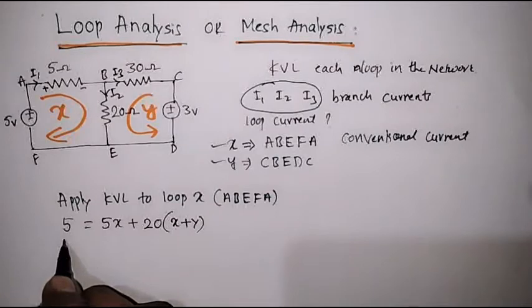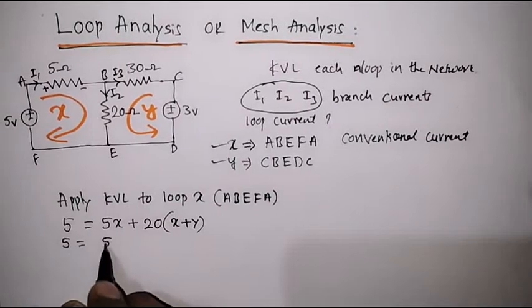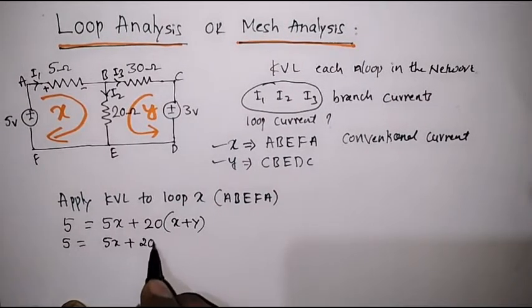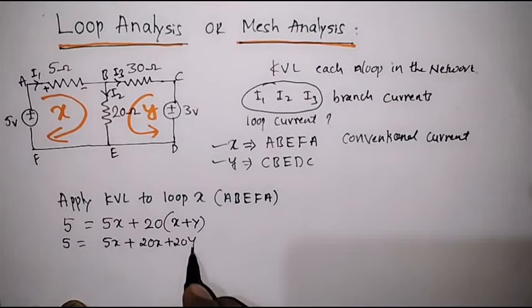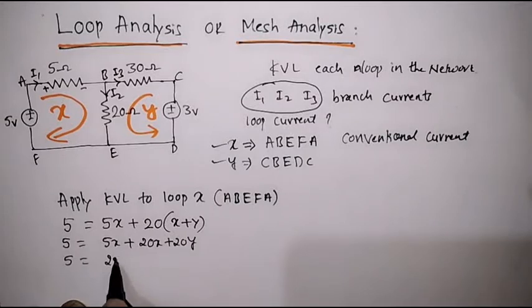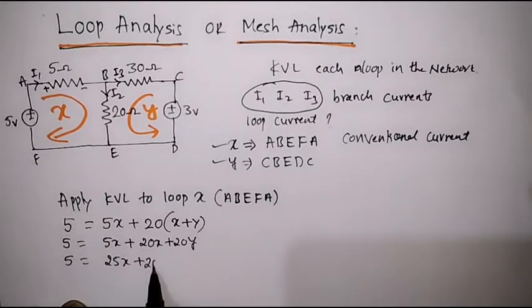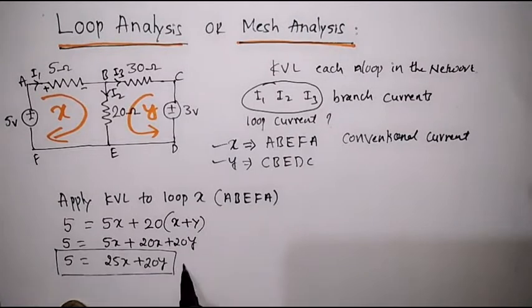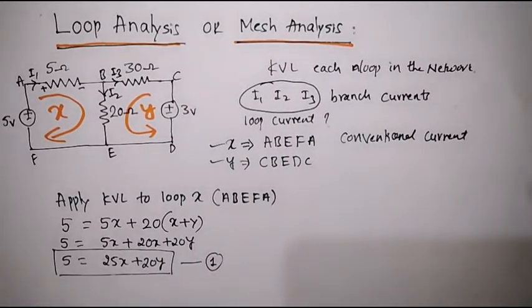Now simplifying this, I can write 5 is equal to 5x plus 20x plus 20y. Simplifying this, I can write it as 25x plus 20y. Call it equation number 1. Now similarly, apply KVL to loop Y.